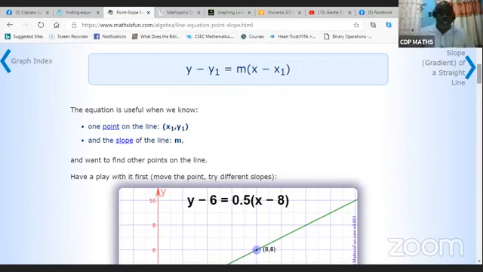The point slope form is useful when you know one point, usually x1, y1, and the slope of the line, to find another point on the line. All right? Make note of that.